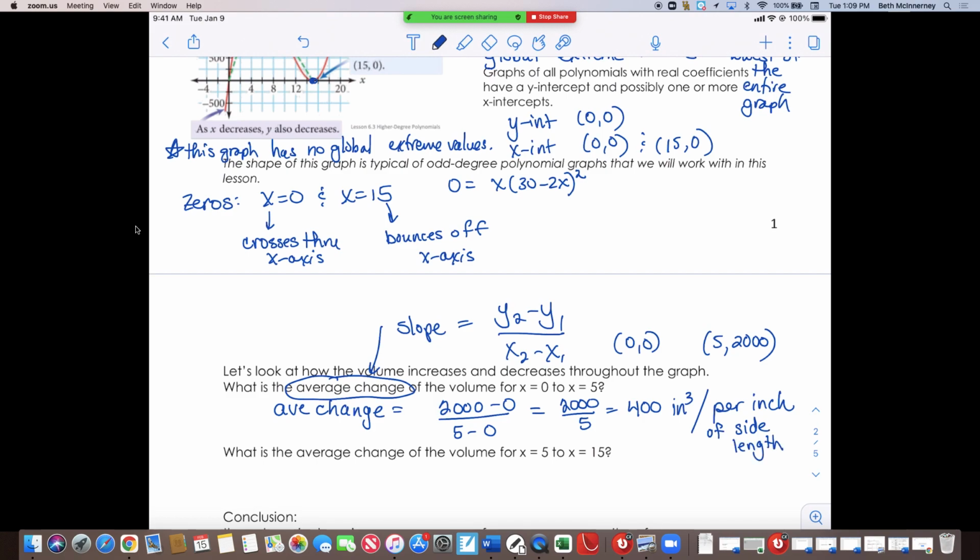Now, let's do the average change of volume for x equals 5 to x equals 15. So we knew it at (5, 2000), and then we have on the graph the point (15, 0).